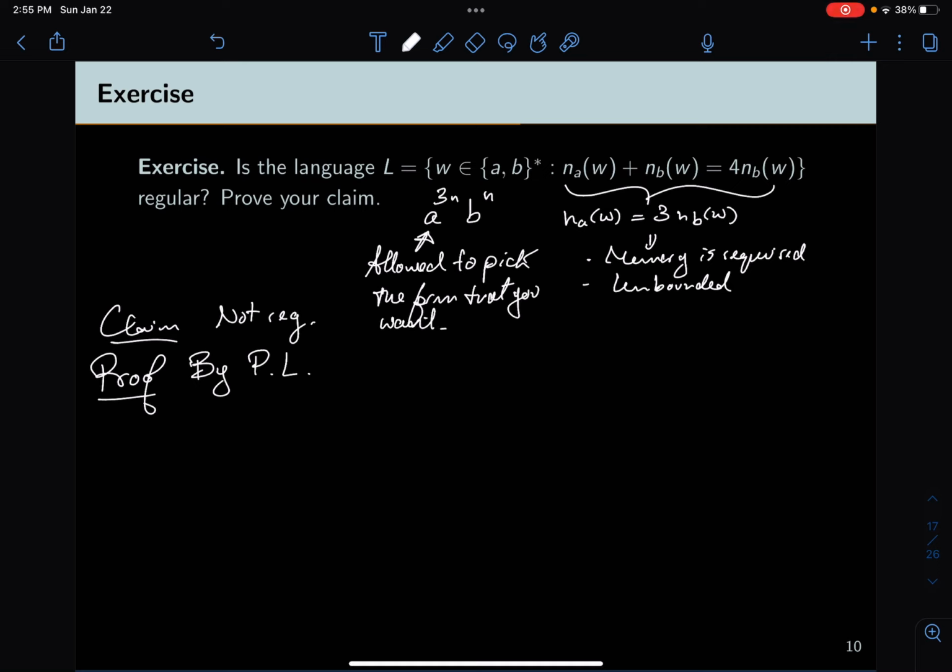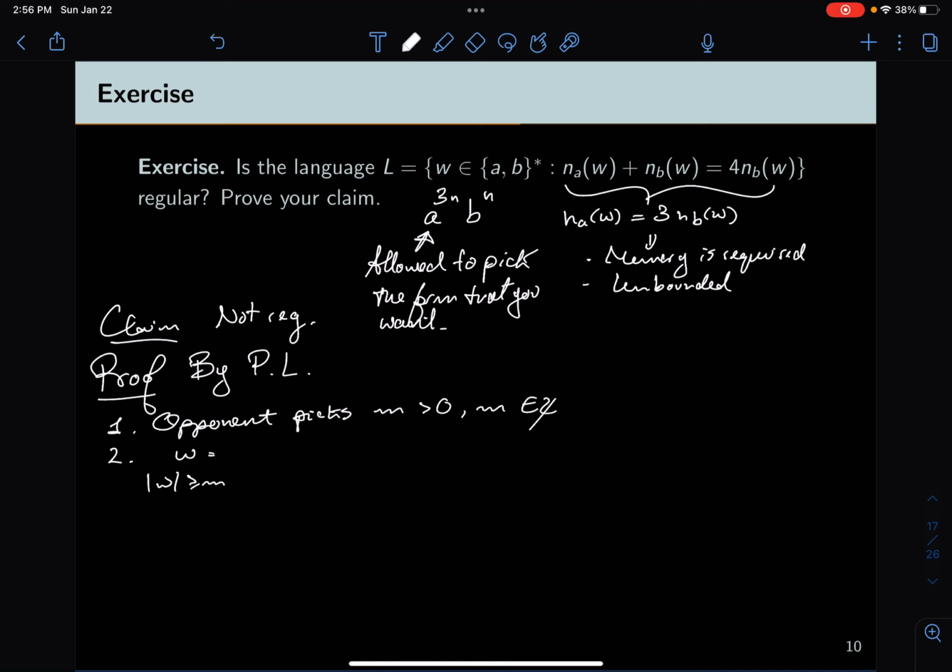Okay. So namely, if your opponent picks the integer m, which we'll say is strictly positive, then what you can do is say, well, W has to have length at least m. If I pick a string where the number of A's is 3 times the number of B's, then that string will be in L, and I also need to pick it so that it satisfies the length condition.